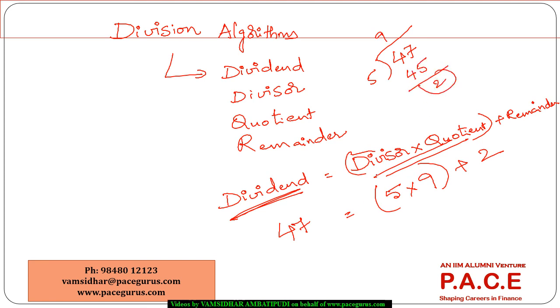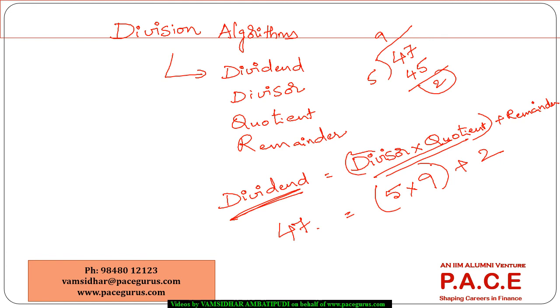So dividend is the divisor multiplied by the quotient, and to that answer you add the remainder. This is one important point that you have to keep in mind, because a lot of numericals can be solved if this relationship between the four elements of the division is understood.